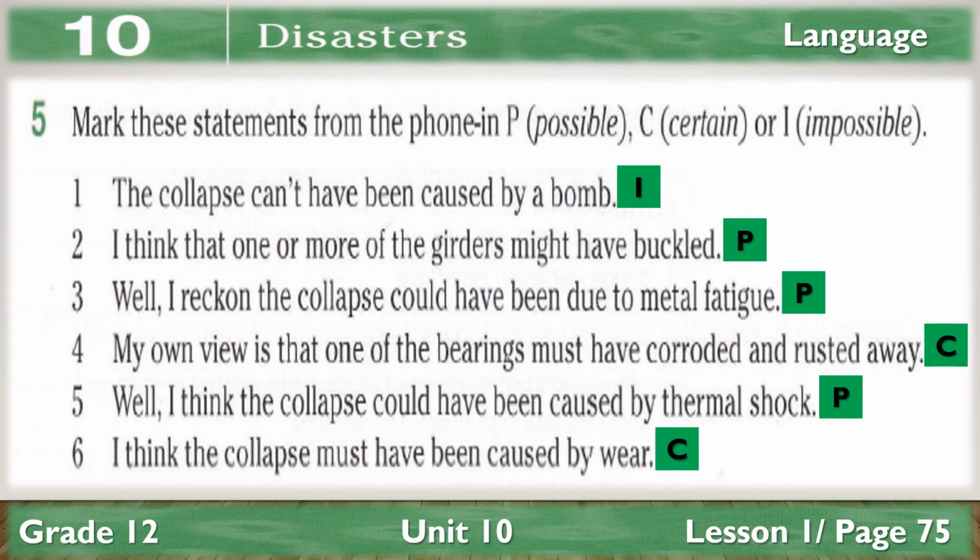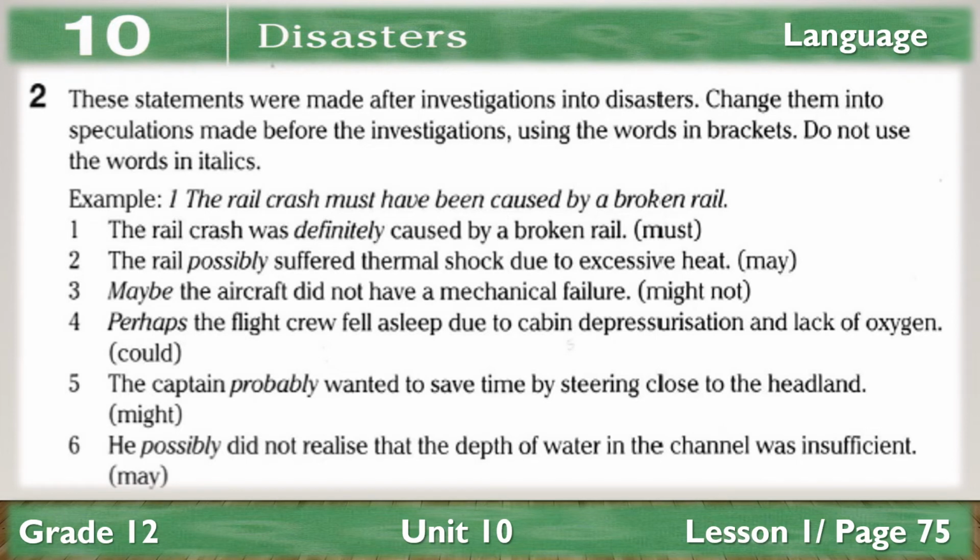Well done. Dear students, I want you now please to go to your workbooks, page 48, and let's try to do exercise number 2. In this exercise, these statements were made after investigations into disasters. Change them into speculations made before the investigations using the words in brackets.